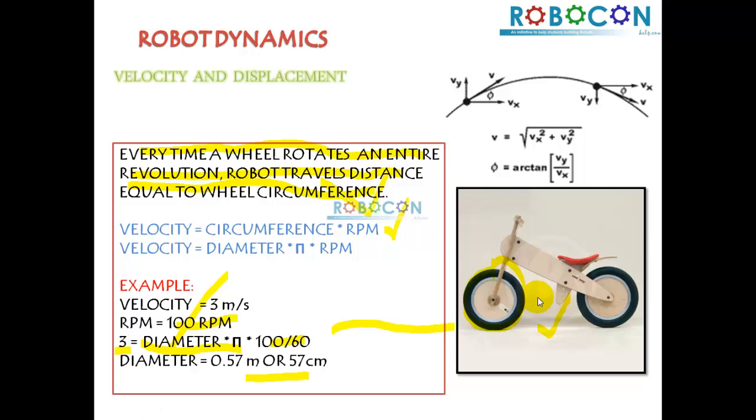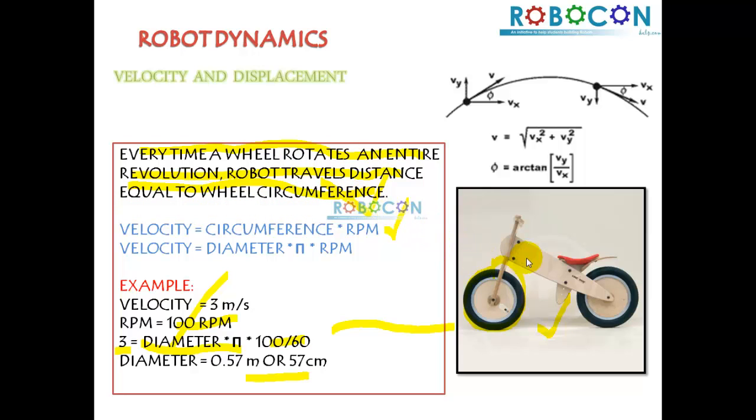Now we'll talk about how to decide the size of the wheels once you are designing your own robot. So let's look at the dynamics of the wheels before you decide that. You must know that every time a wheel rotates an entire revolution, the robot travels a distance equal to the wheel circumference.